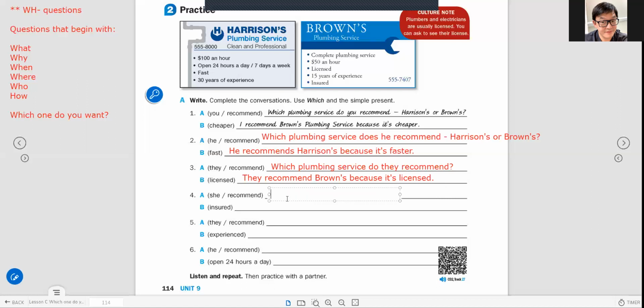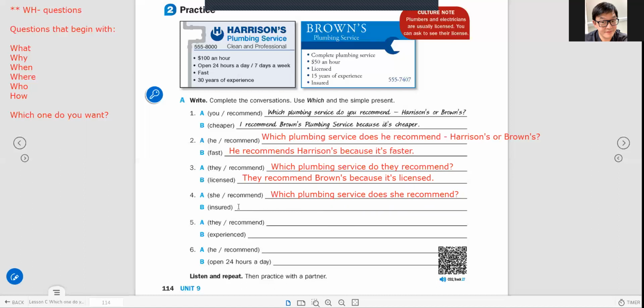Now she. Again, it's always the same. The beginning is always say, which plumbing service does she recommend? So the beginning is always the same. The thing that you're asking about, it will appear next to which ice cream, which car, which supermarket, which grocery store, okay? So which plumbing service does she recommend?